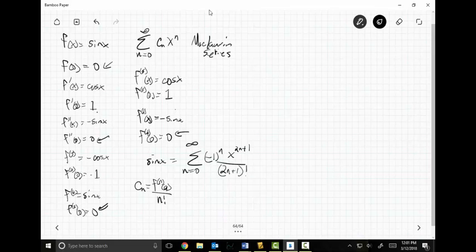Now, I know that might be a little bit confusing, but let me slow down. Let me back up a little bit. According to our formula, any function f of x is going to be written as the nth derivative at a divided by n factorial times x minus a to the n.